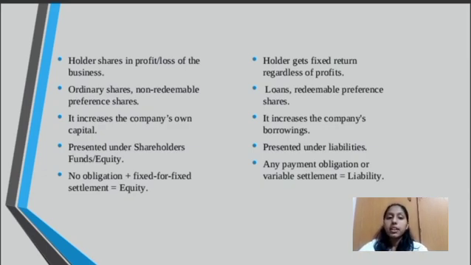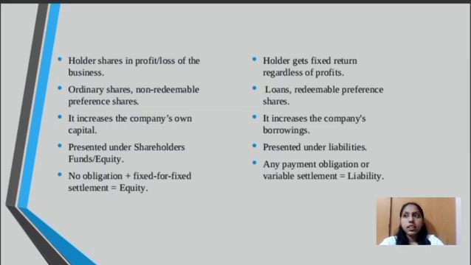It strengthens the company's financial base and helps long-term growth. Under financial liability, the eighth one, it increases the company's borrowings. Liabilities add to the debt burden of the company, meaning more liabilities and more repayment pressure. This reduces the company's financial flexibility because the cash outflows become compulsory.